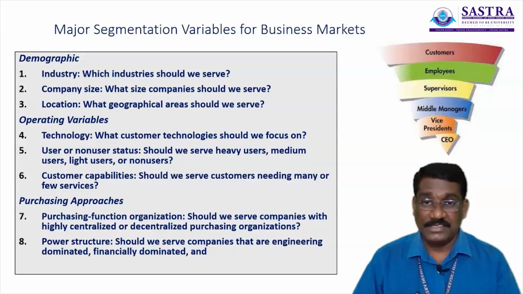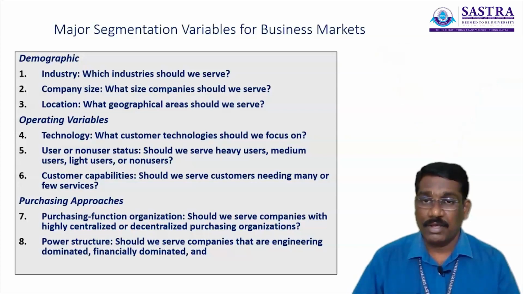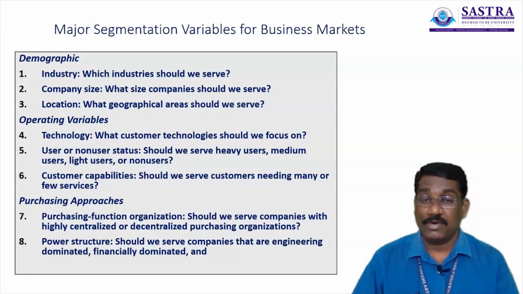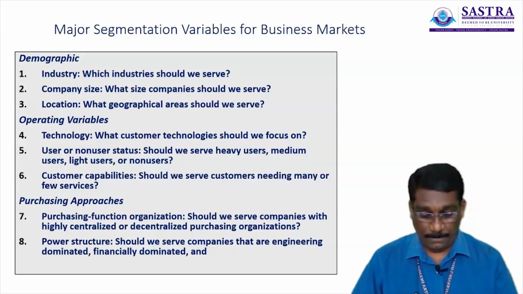So this is the input. We need to be very careful before you do segmentation. These are the variables in the business segmentation process. As a marketer, an organization needs to be very cautious about these variables.